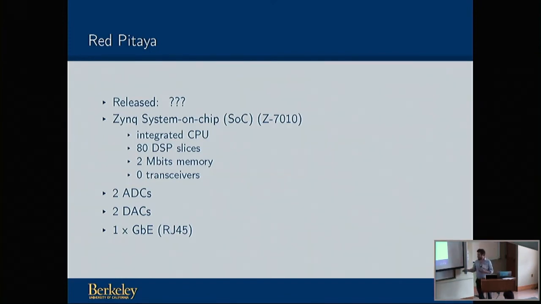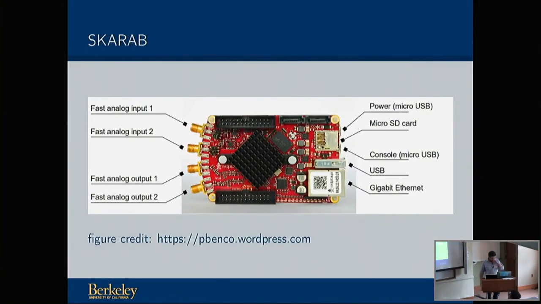Exactly the same tools that program this board will let you program the more capable boards. And that is not a SKARAB, it is in fact a Red Pitaya. Nice small board, analog signals going here, gigabit Ethernet comes out of there, and again the FPGA, a little dinky one, under this heatsink.